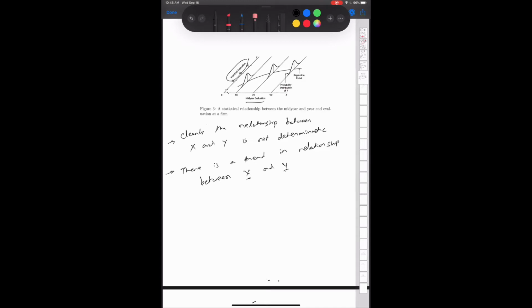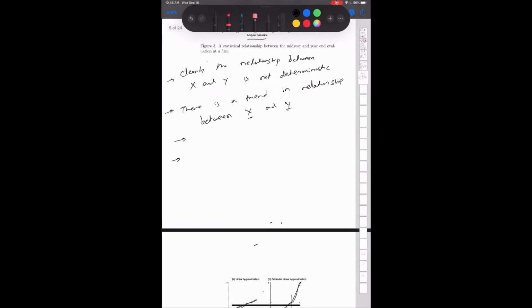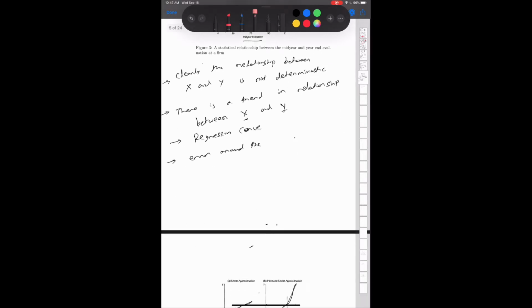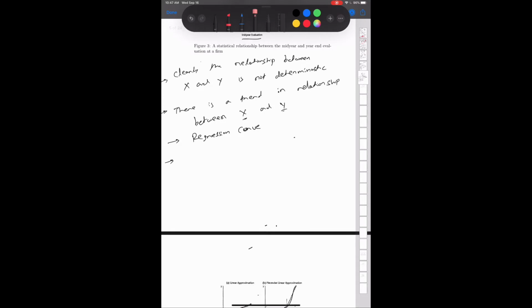In this class we will break the relationship between y and x into two parts. The first part is called the regression curve. The second part is the error around the curve. Let me write this better.